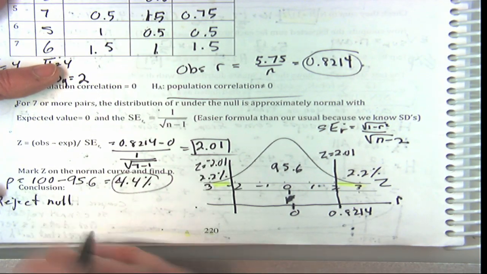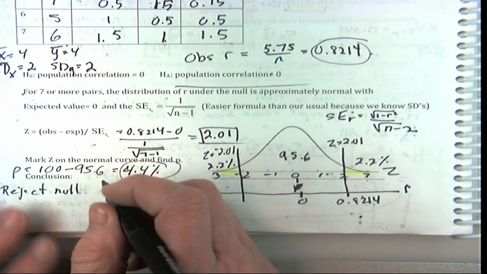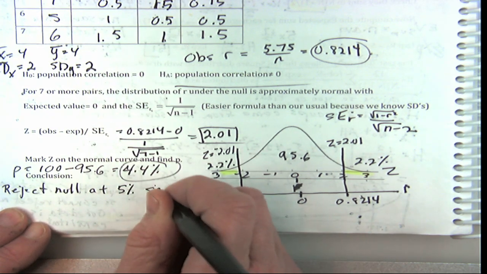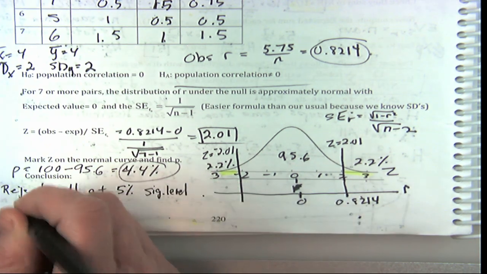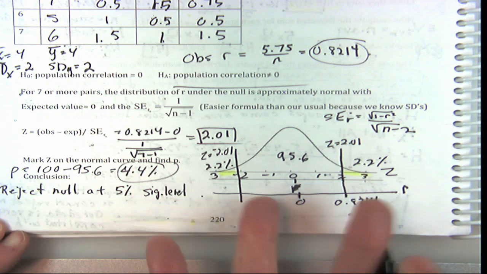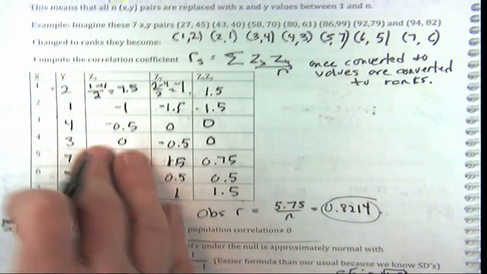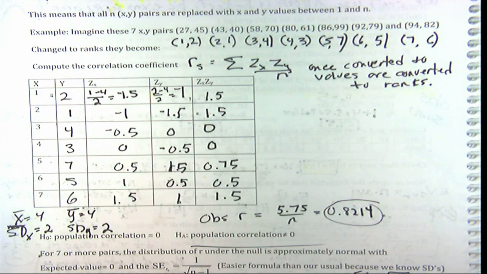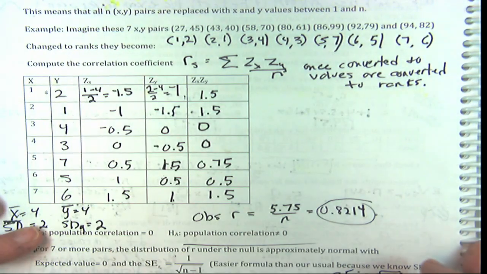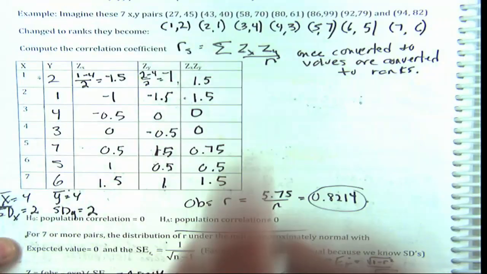We reject the null at the 5% significance level and conclude there's good evidence that, if these were 7 students drawn from a big population, their exam scores are correlated. I hope there would be good evidence that their exam scores are correlated. I tried to pick these as real students.